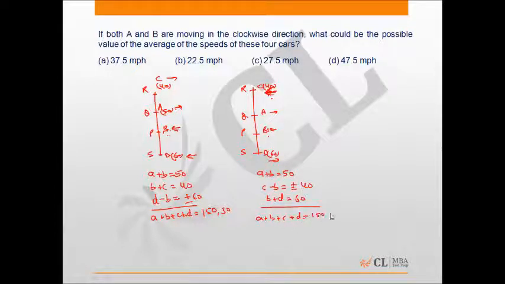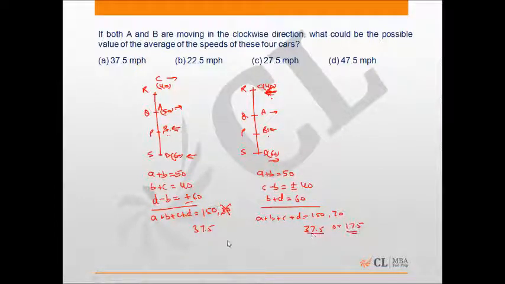If you take the minus sign, it will give you 70. Now, A plus B plus C plus D cannot be 30 because A plus B itself is 50, so it cannot be less than 50 basically. So, divide by 4. A plus B plus C plus D divided by 4 will give you 37.5 here. Or it could be 17.5.